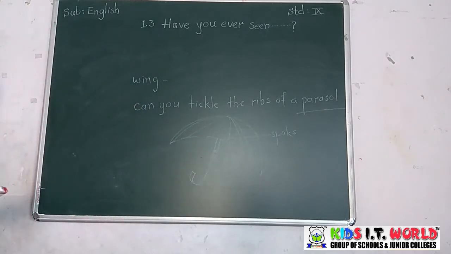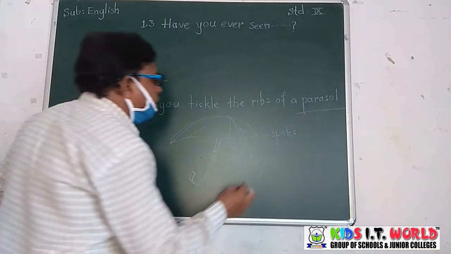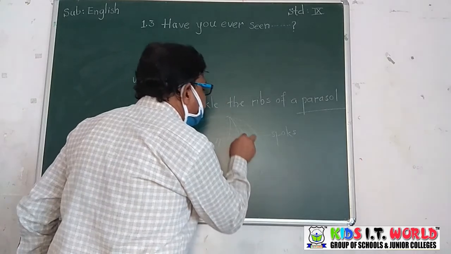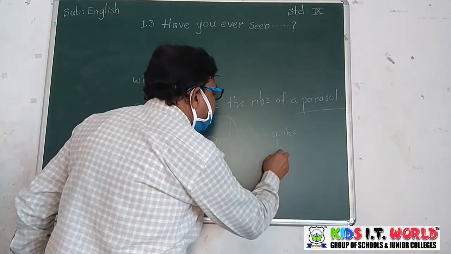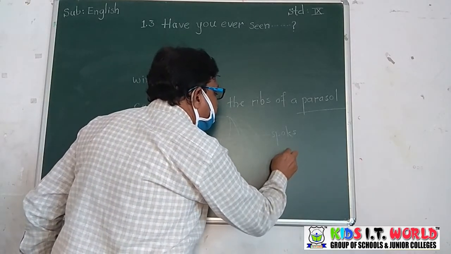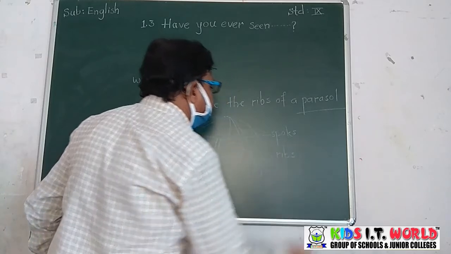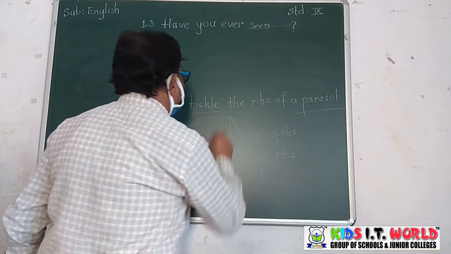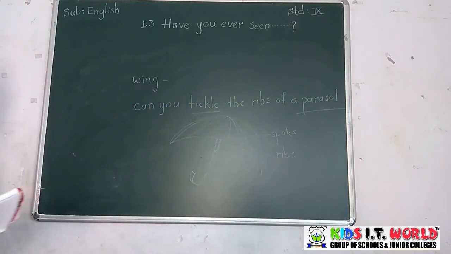Now what the poet imagines: can you tickle the ribs of a parasol? The poet is saying these spokes are ribs, pasliyan, and using the word tickle. Gulli karna, what you say? Can you tickle the ribs of a parasol?